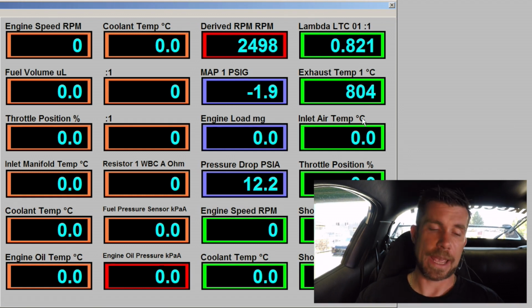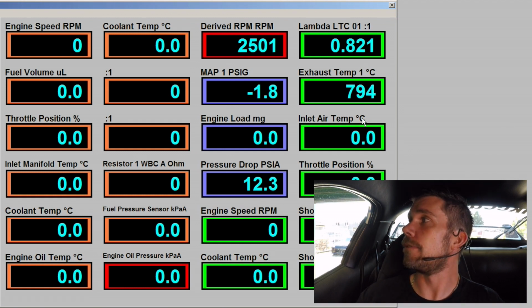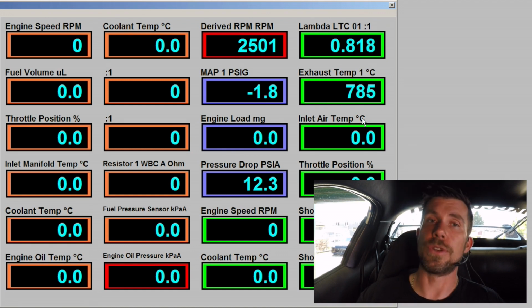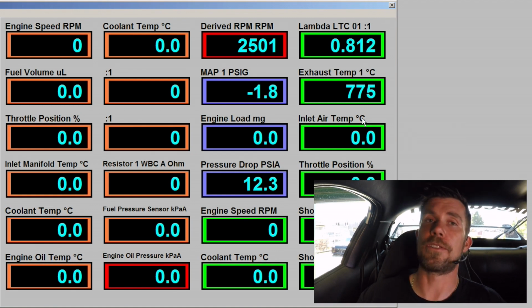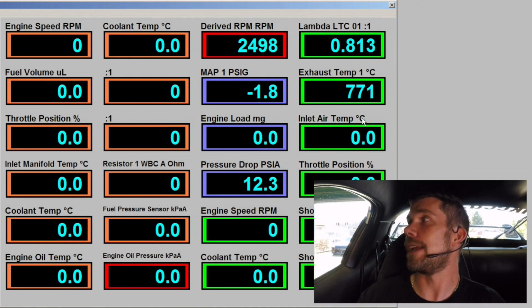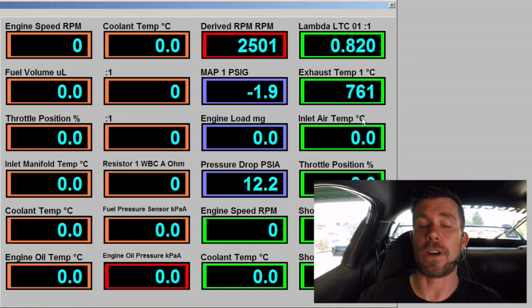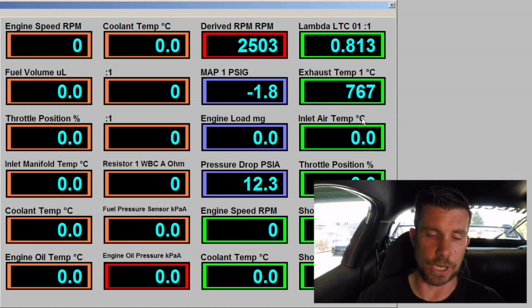So I've just added some fuel into the main fuel table, and you can see we've gone from 0.95 to 0.81 lambda. You can see that our exhaust gas temperature has dropped from about the 810 degrees that we were running now down to 770. So we've dropped somewhere around about 30, maybe 35 degrees centigrade from richening the air-fuel ratio.